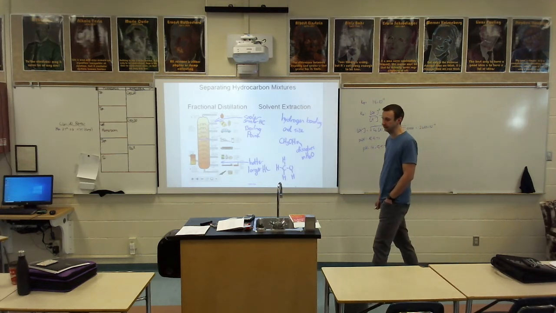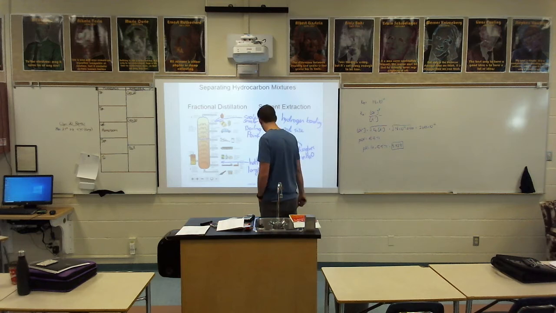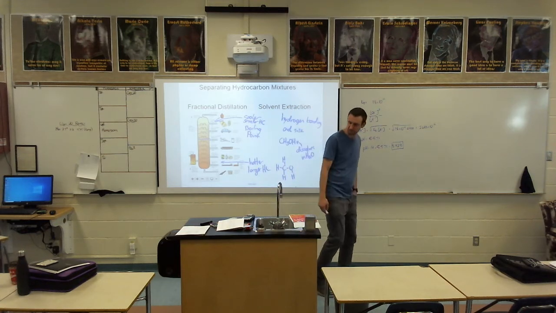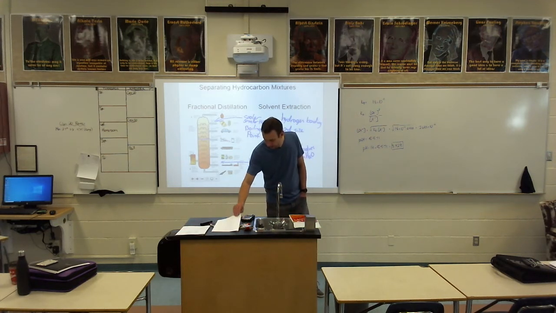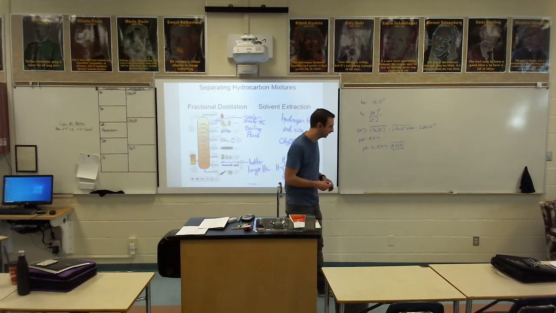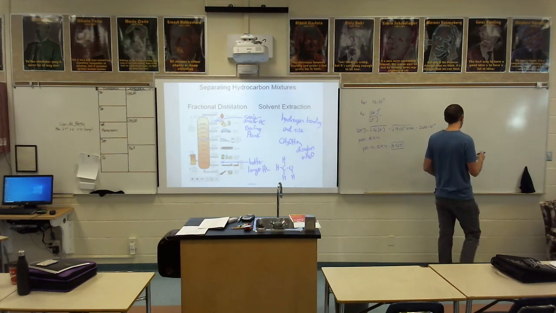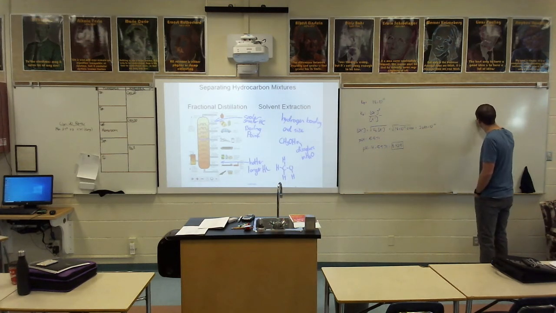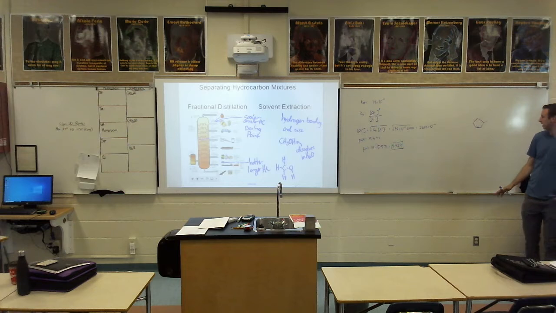A great example: let's say I made some structure, let's say I made some cyclopentene somehow. Let's make it a methylcyclopentene. I want to get this away from the rest of the stuff in the mixture. I want to isolate this product.